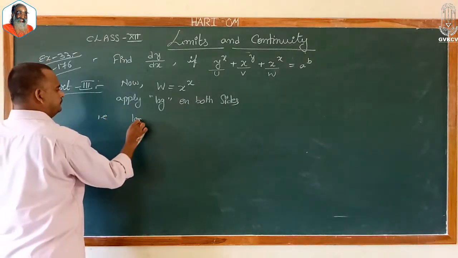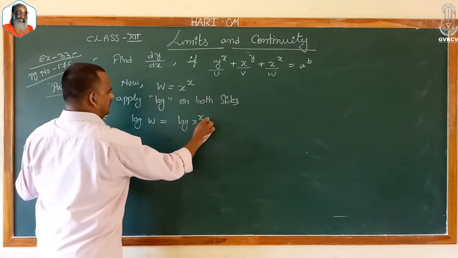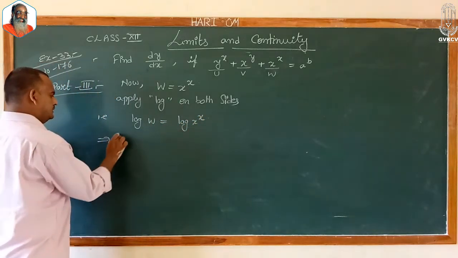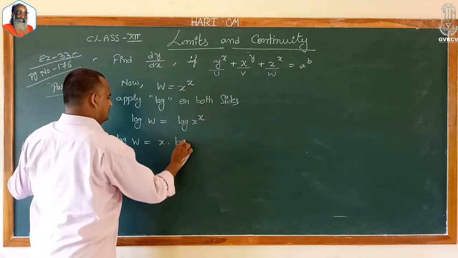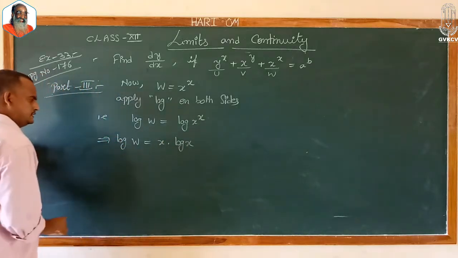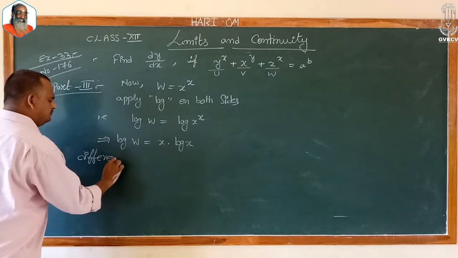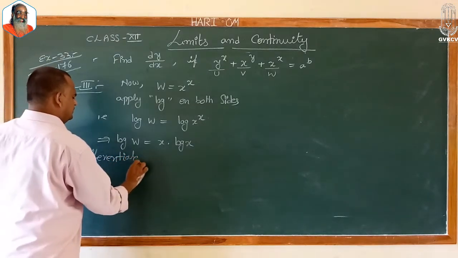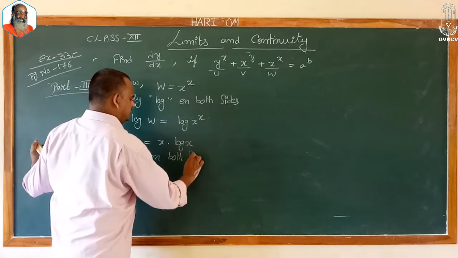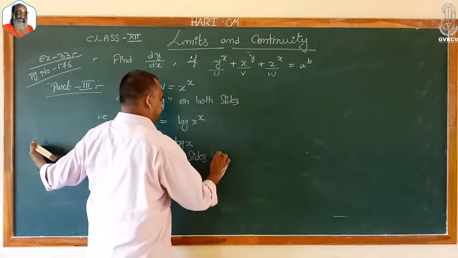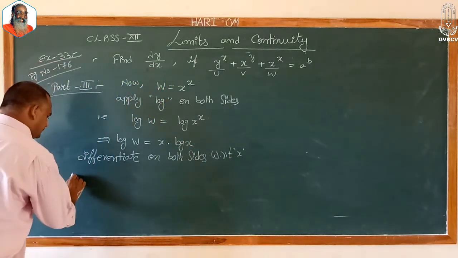That is log w is equal to log x power x. That implies log w is equal to x into log x. Differentiate on the same procedure, nothing is different. Differentiate on both sides with respect to x.